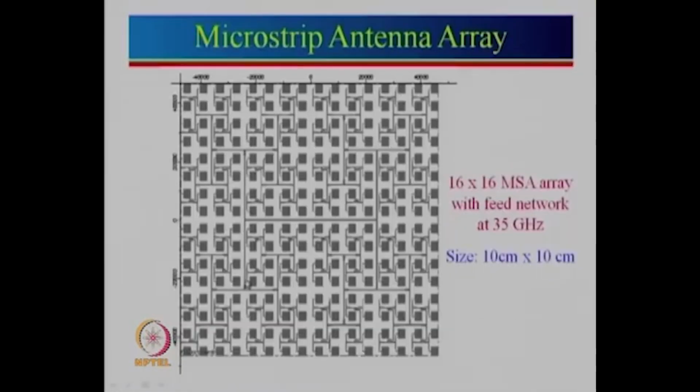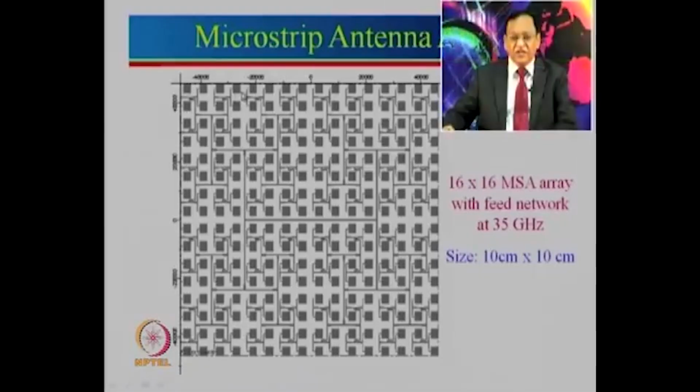Now this is an example of a microstrip antenna array. One can see that this is a 16 by 16, so there are a total of 256 elements with a feed network. All these elements are being fed by a microstrip line, and this whole antenna was designed at 35 gigahertz.